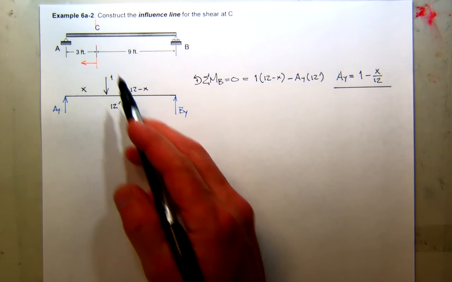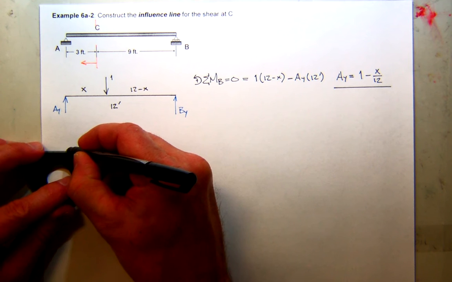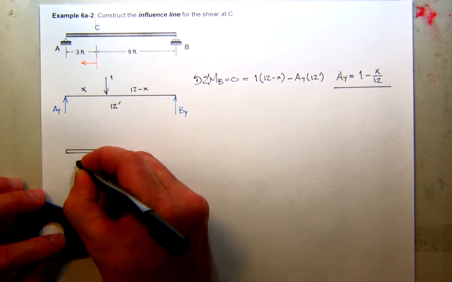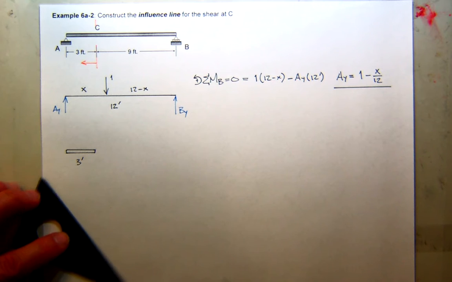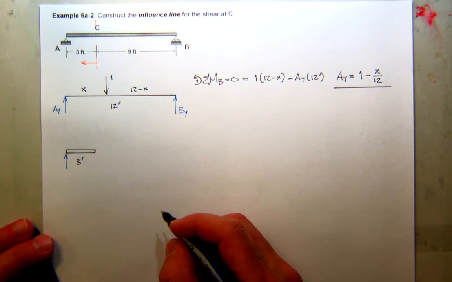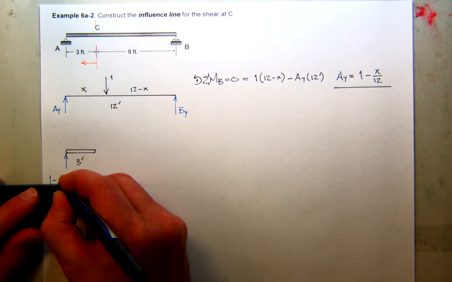Now we want C. So now I'm going to come down here, and I'm going to cut the structure at 3 feet. I already know my reaction at A. What is it? (1 minus x) over 12.